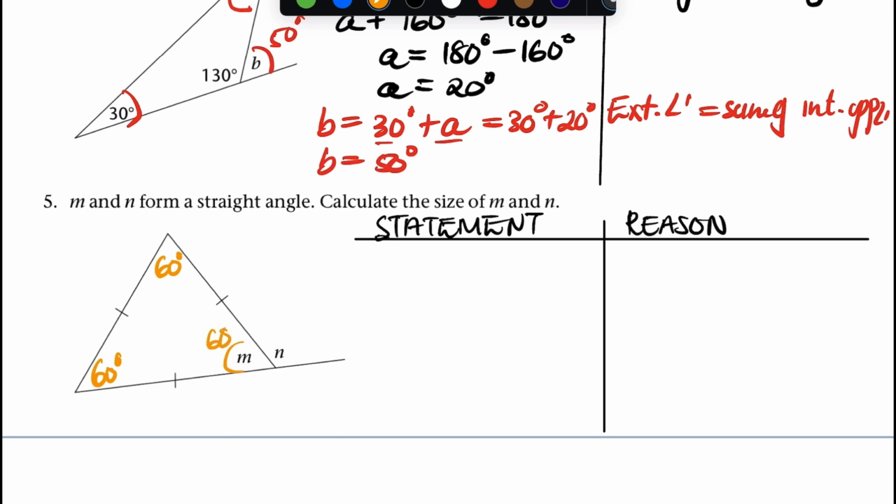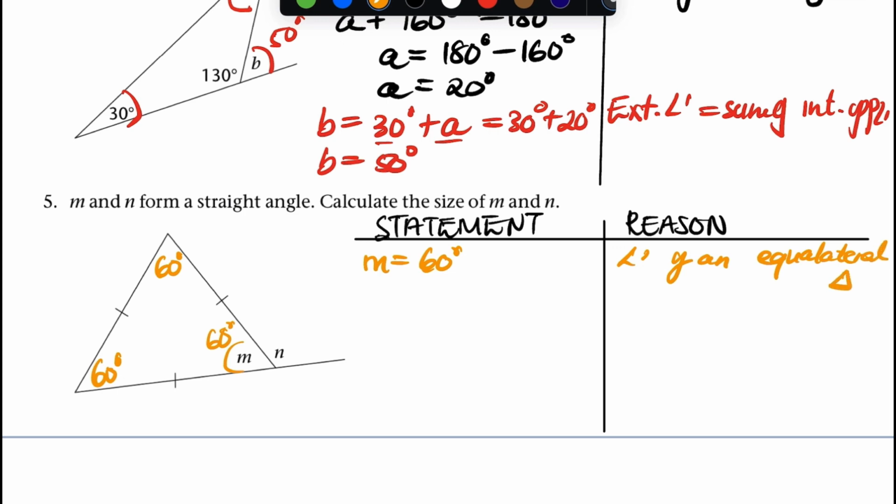So M is going to be what? 60 to make 180. So we will say M is equal to 60 degrees, an angle of an equilateral triangle, right?